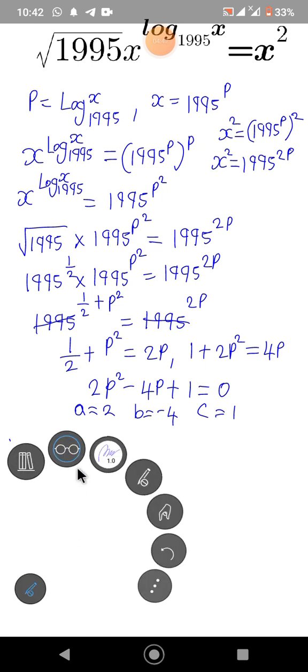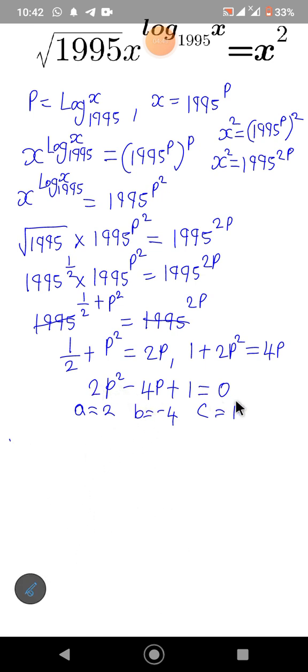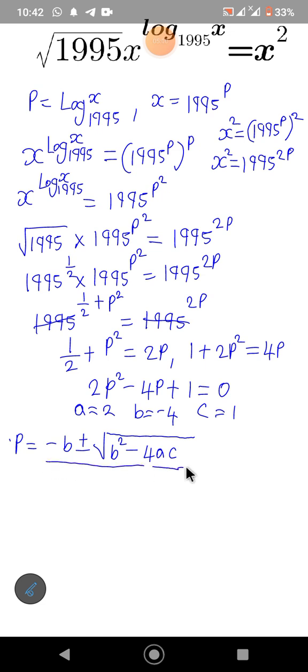So I'm going to apply my quadratic formula in solving this quadratic equation. The quadratic formula: p will be equal to minus b plus or minus the square root of b square minus 4ac all over 2a. So let me apply it now.